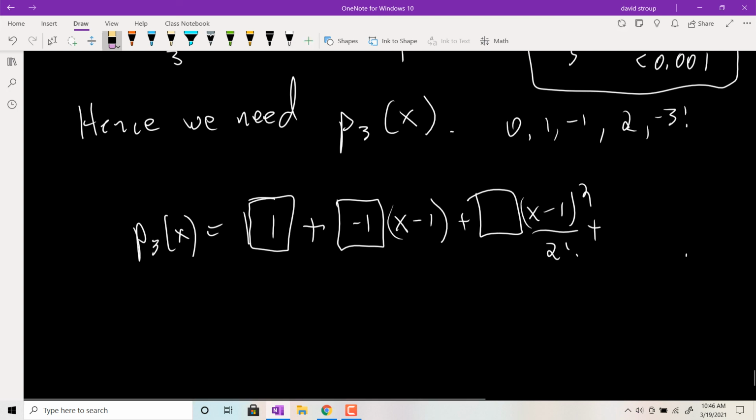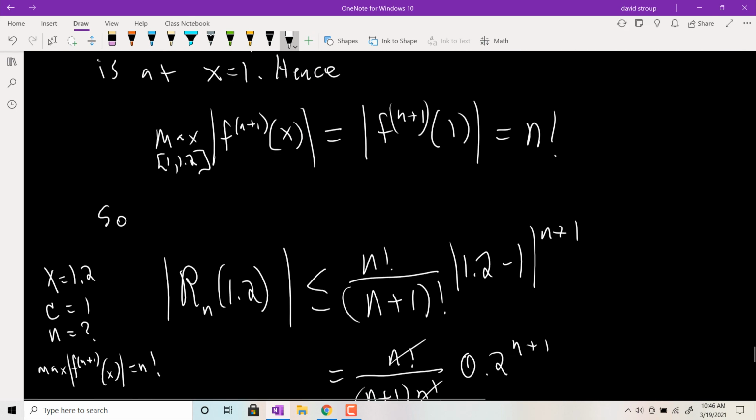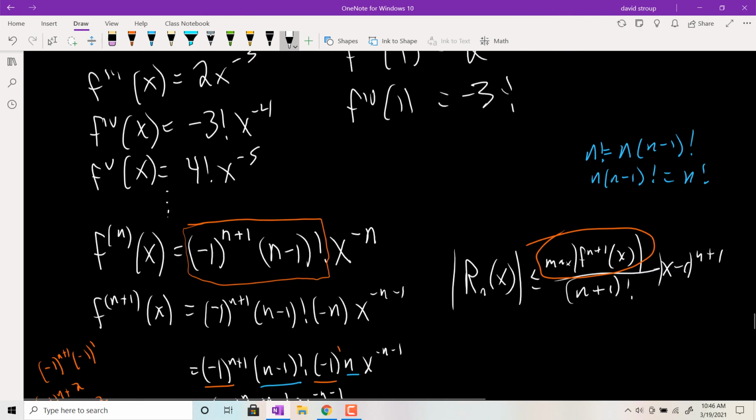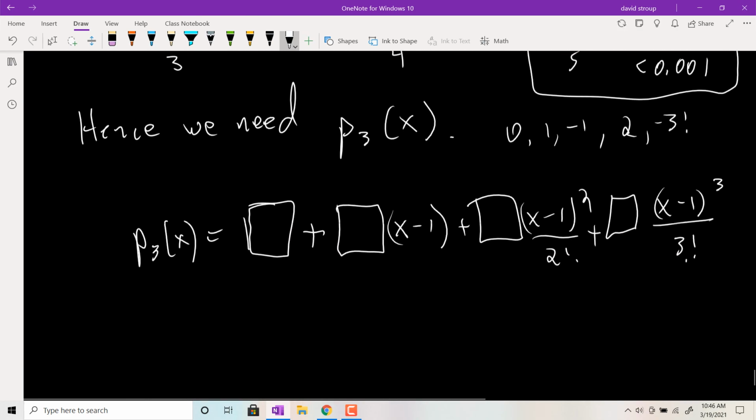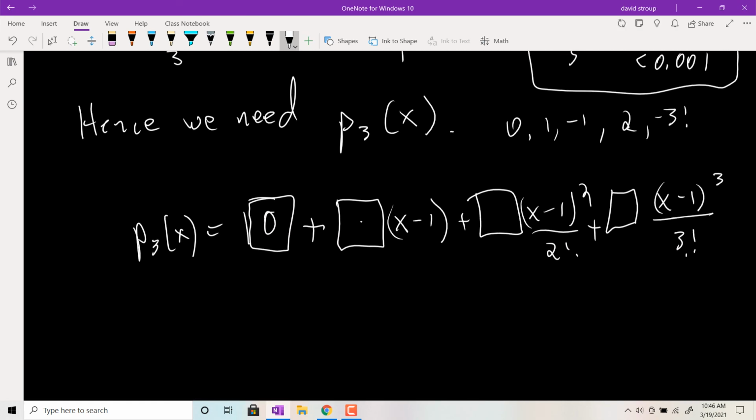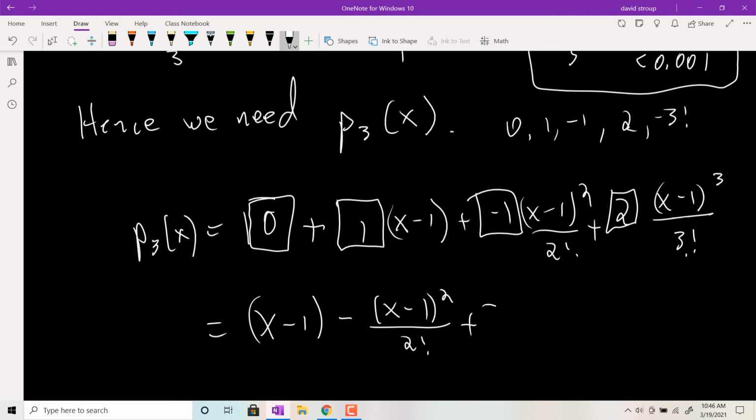I erased the wrong one. Sorry. First one was 0, right? Yeah. Okay, so I screwed that up. So it's 0, 1, negative 1, 2. So it's x minus 1 minus x minus 1 squared over 2 factorial plus 2.